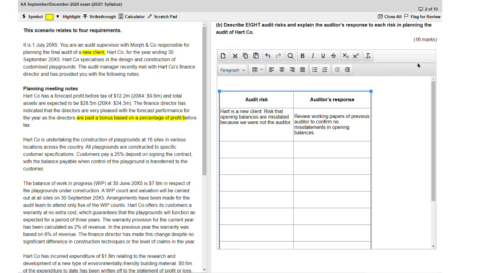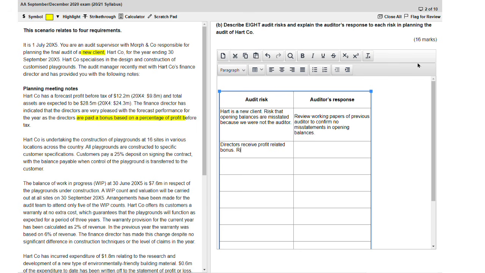Other examples in scenarios would be things like the company is going for a bank loan and therefore there's a risk they might manipulate the accounts. So I'm bringing across the point that the directors receive profit-related bonus. Notice my sentence length, 6, 7, 8 words, or it'll be unintelligible.